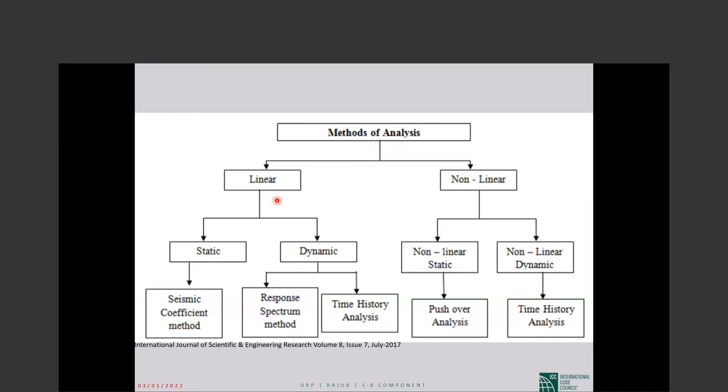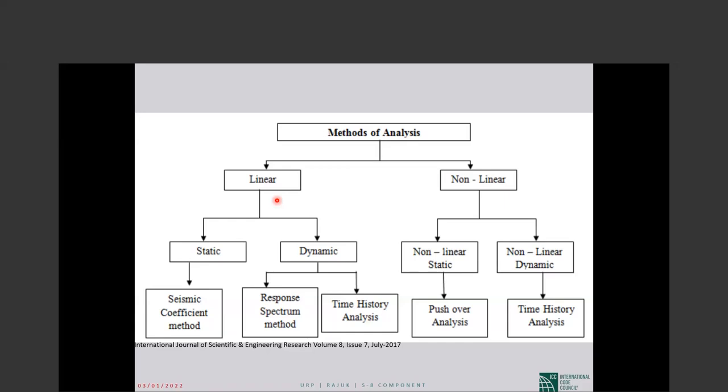Therefore, our job in the previous session was much more difficult, because we looked at the building that we wanted to evaluate. We saw lots of deformation control parameters, lots of force control parameters or actions. Then we wanted to apply loads, and then apply load combinations to estimate the demands.